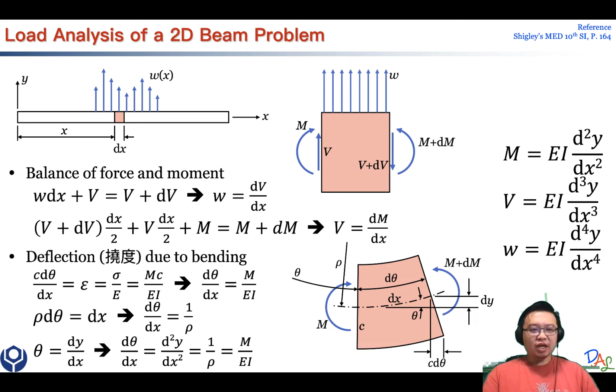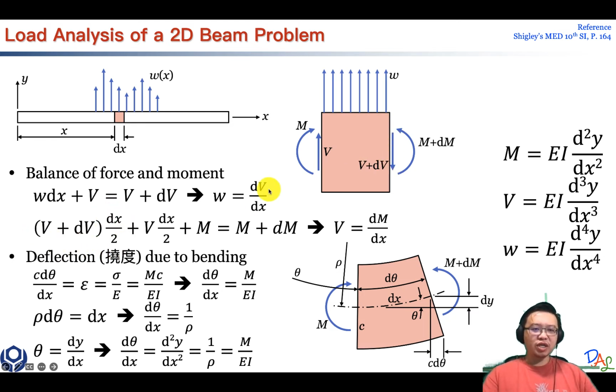Now let's do the balance of moment. Over here we are focusing on the clockwise moments. V plus dV is making a rotation clockwise about the center. So the distance from the center to this force will be half of dx.